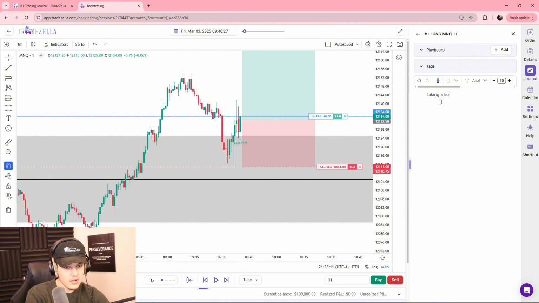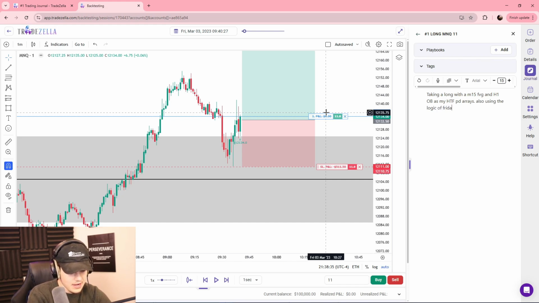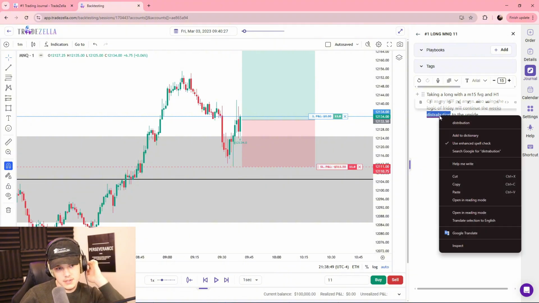Taking a long with an M15 fair value gap and an H1 order block as my higher time frame PD arrays. Also using the logic that Friday will continue the week's distribution to the upside. I spelled that wrong, but it's okay.